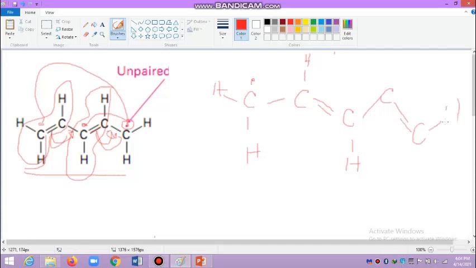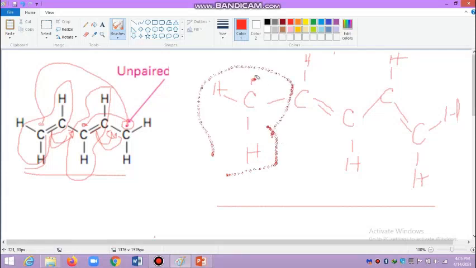There you go. And H. So as you can see, this is valid because the electrons are still 8 on the valence shell, except for this one, because on this group it has a radical here. So this is a valid resonance form of the pentadienyl radical.